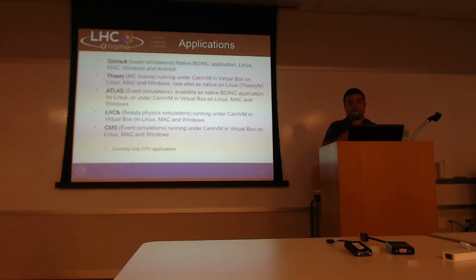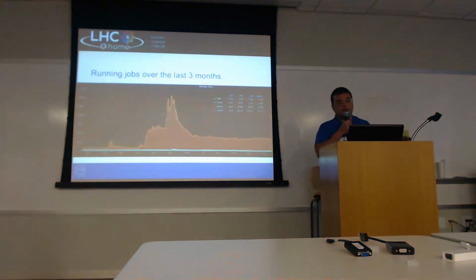Then we have ATLAS and CMS for event simulations, and LHCb, which stands for Beauty Physics simulations. These are the running jobs over the last 3 months, and we have a peak here that was the BOINC Pentathlon, thanks to SETI.Germany.